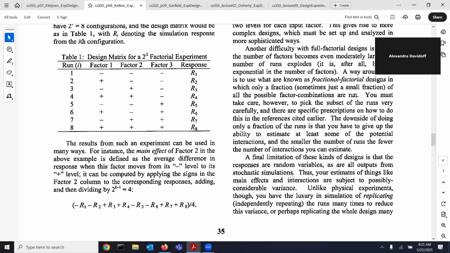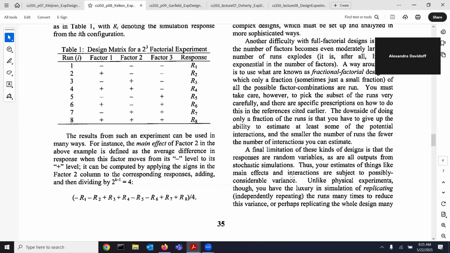Every time I want to see where it flips, right? Every time it's negative, every time it's low, you put the negative value in there. Every time it's high, you put the positive value in there. And then because everything is paired up, high to low, that's why you're dividing by 4 instead of by 8. It's a simple way to combine that stuff.